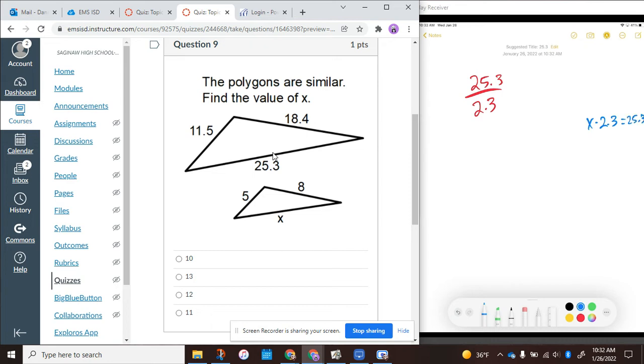So if we want to know what x is, we have to divide by 2.3. That'll go away, and that's how we get x by itself. So that's what our x is going to be, 25.3 divided by 2.3. That gives us an answer of 11, a side length of 11.